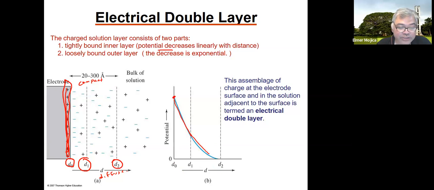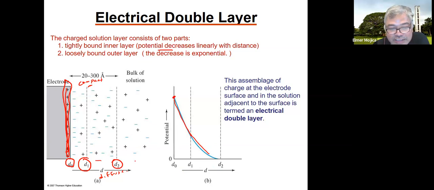And there's an entire array here, because what really happened if you form the positive charge? Usually, you are going to attract the negative charge to it. But you can only do that if you are close, like in the compact layer.